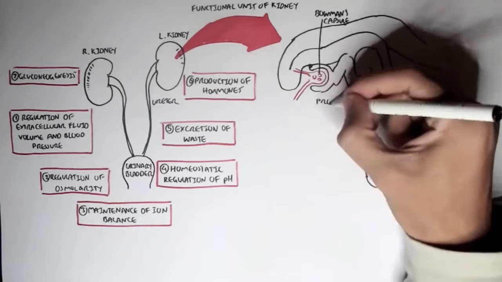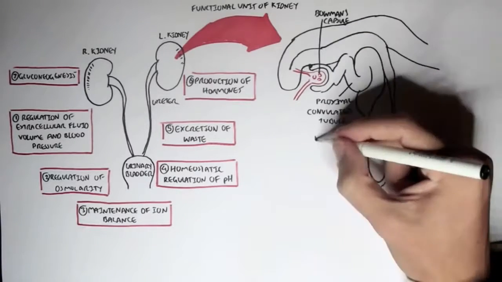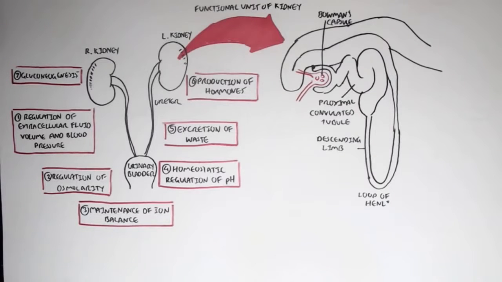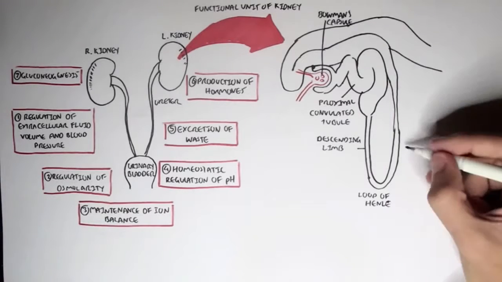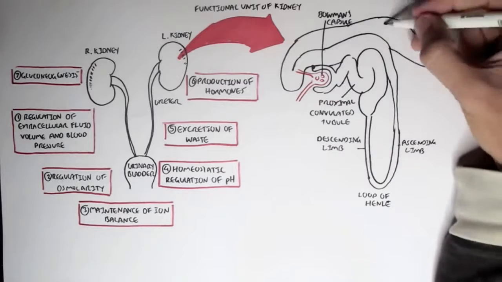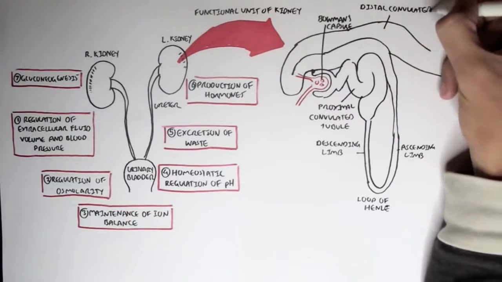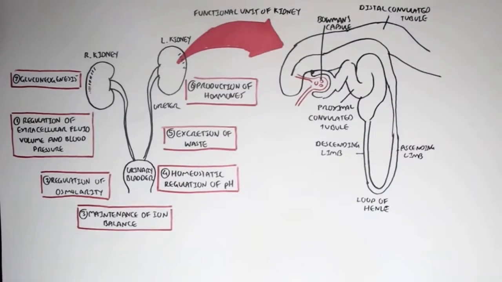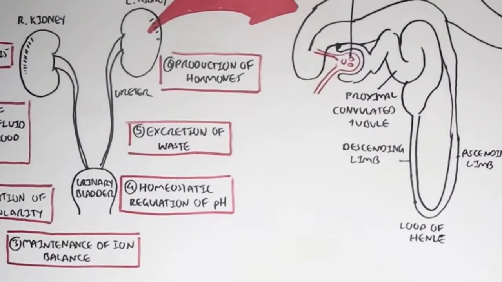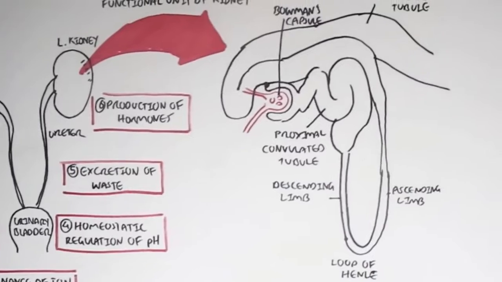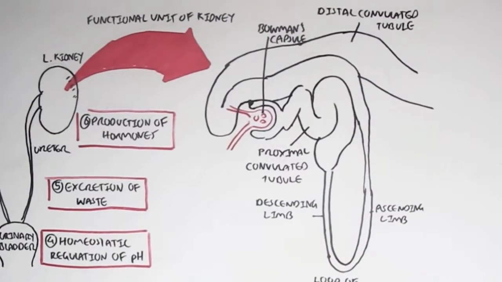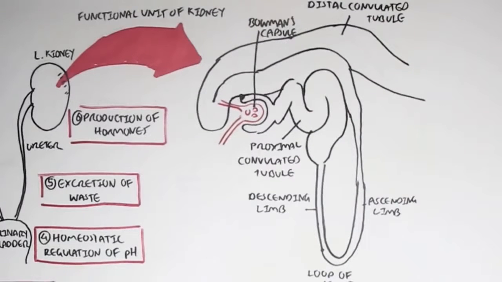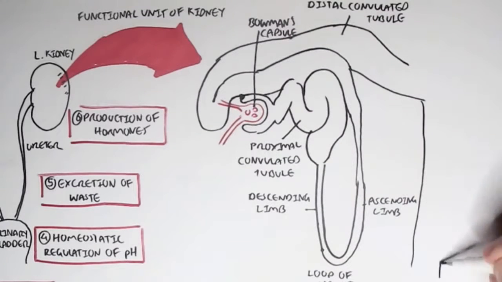After substances have been filtered through this area, they will enter the proximal convoluted tubules and then the loop of Henle, this loop here, which has two parts, the descending limb and the ascending limb. The ascending limb actually has a thin part and a thick part, and the thick part comes close back to the head of the nephron, as you can see, and then it connects to the distal convoluted tubules, which then connect onto the collecting duct.